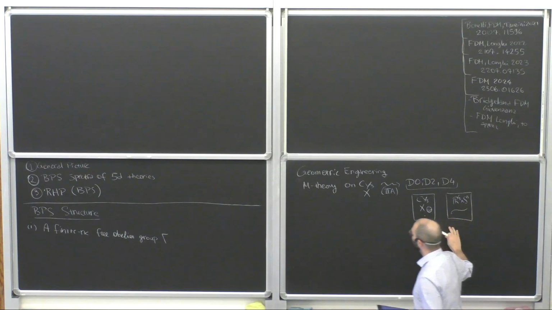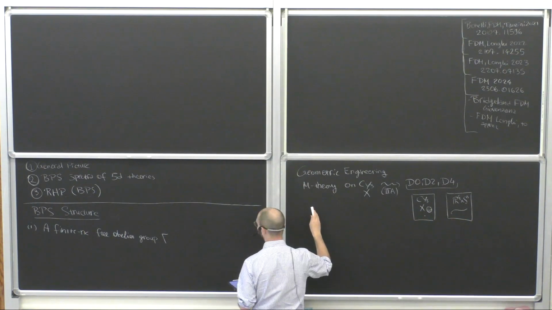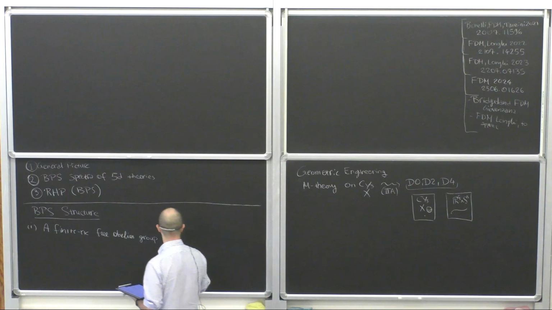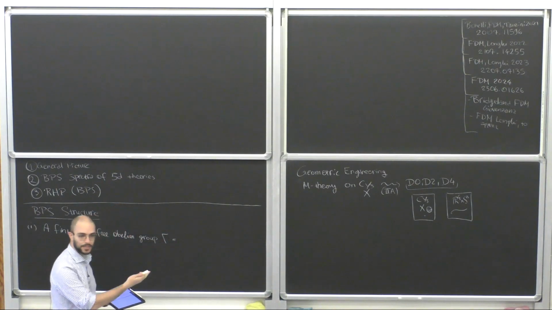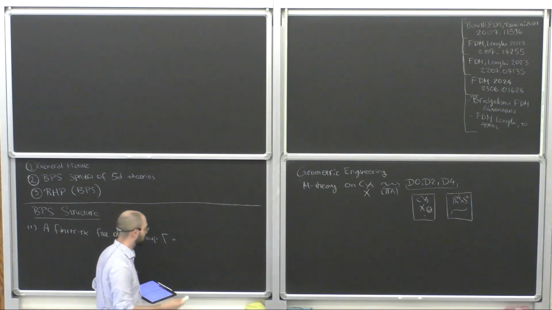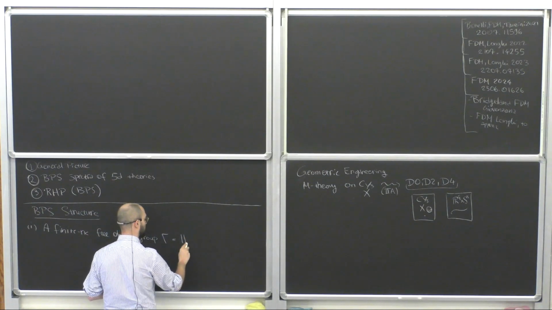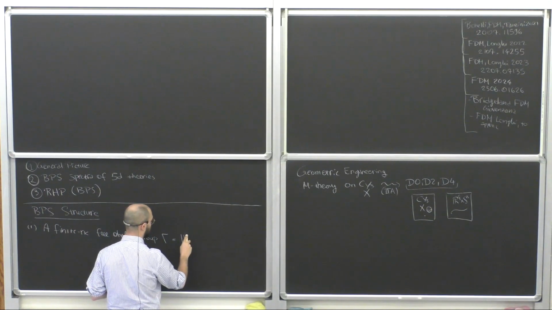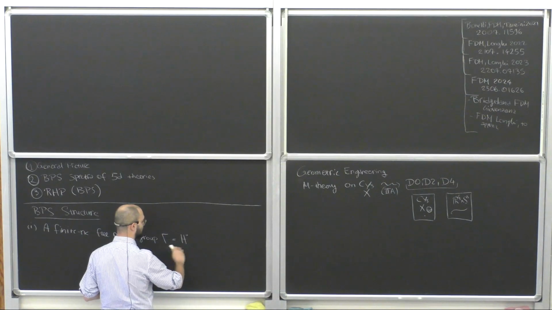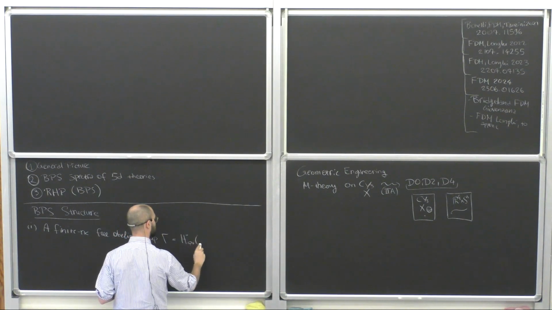And then the quantum numbers, the conserved charges of the particles in this geometric realization, are given by this lattice, which is just a cohomology group of this Calabi-Yau threefold.